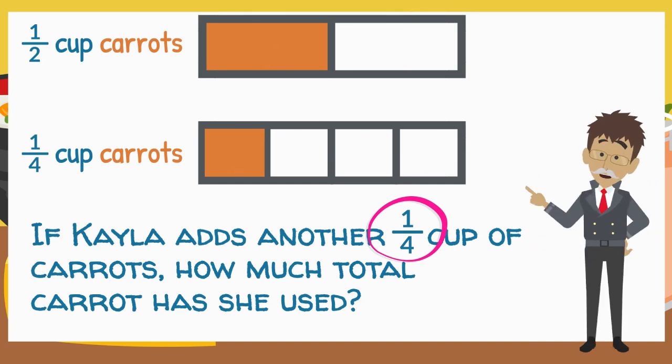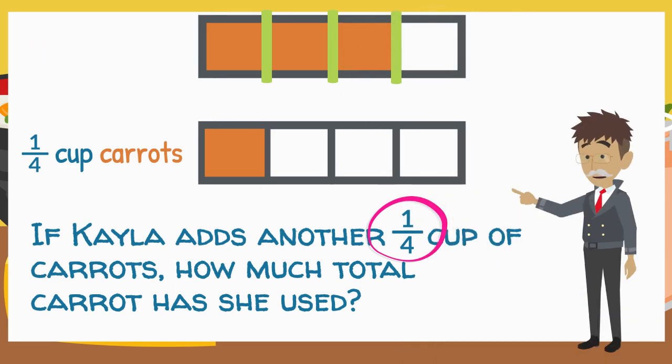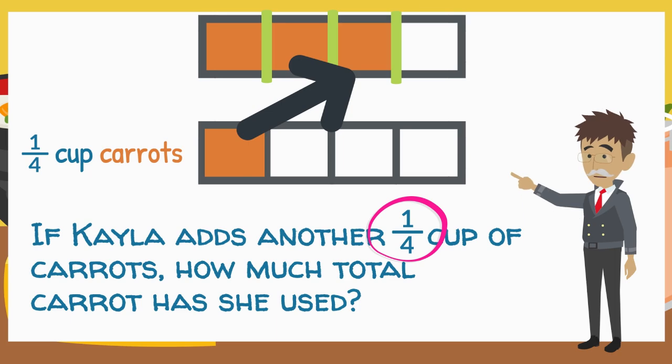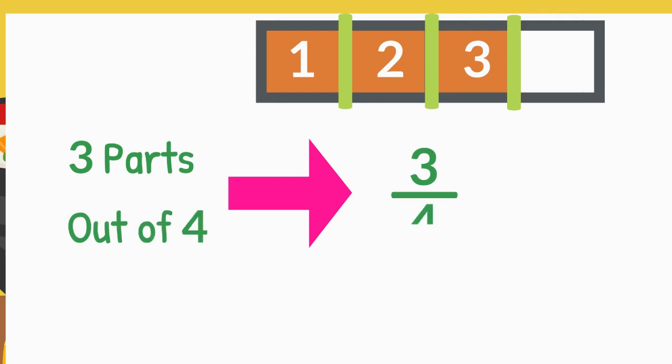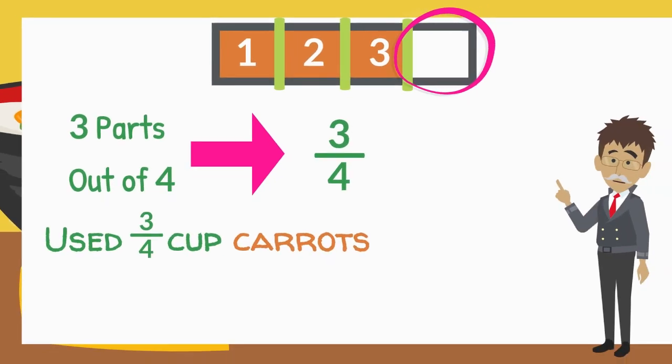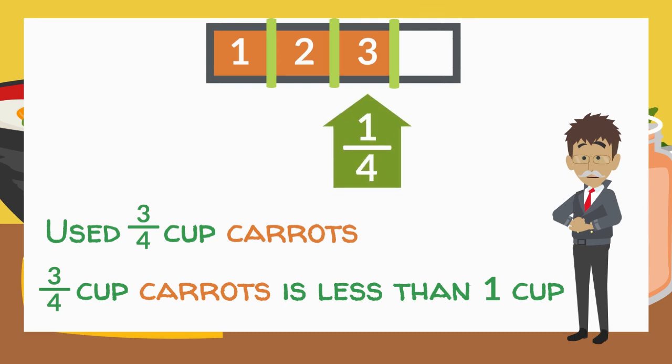Therefore, we break the original rectangle down into 4 equal pieces. Then we can shade in an additional piece of size 1/4 for the part she added in. Looking at the diagram, we can see she now has 3/4 cup of carrots. The new amount is less than the required 1 cup. 3/4 is 1/4 of a cup closer to 1 cup than 1/2 cup is.